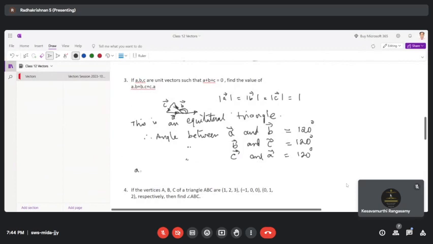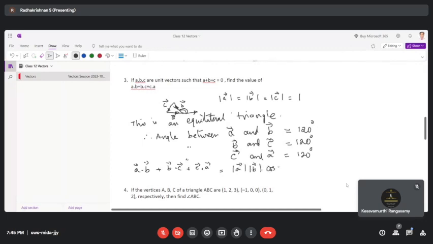Now can we compute this? What is A dot B plus B dot C plus C dot A? It is magnitude of A into magnitude of B into cos theta.